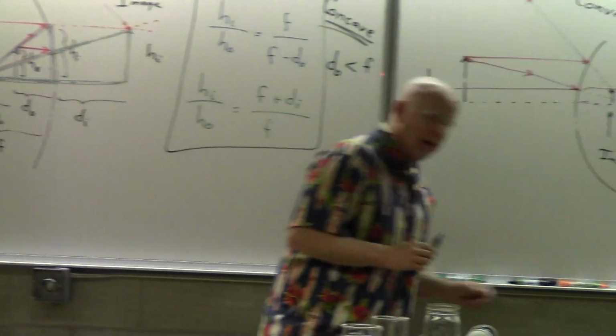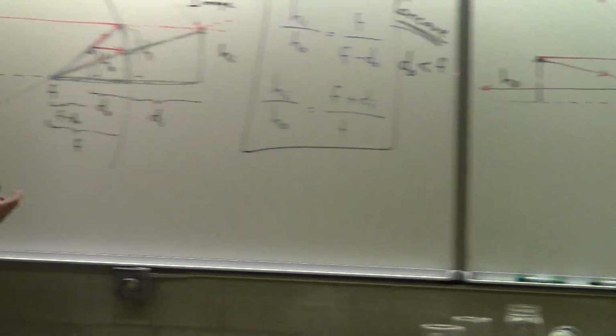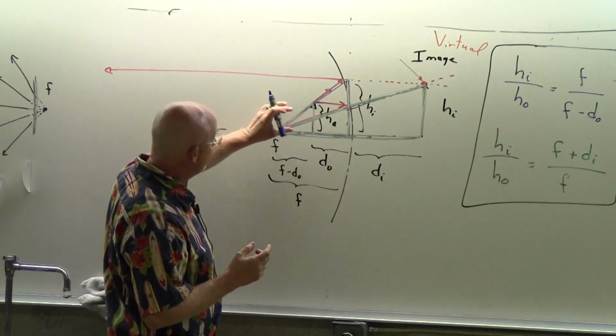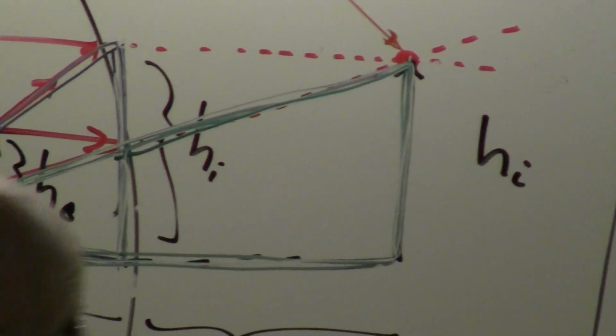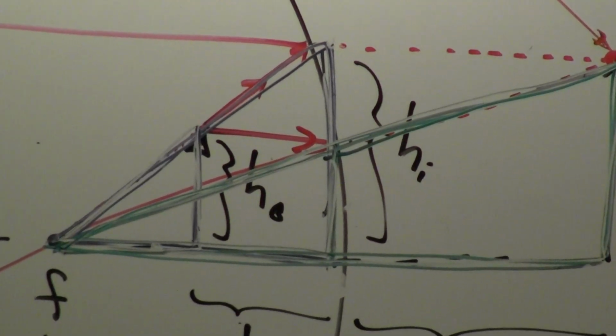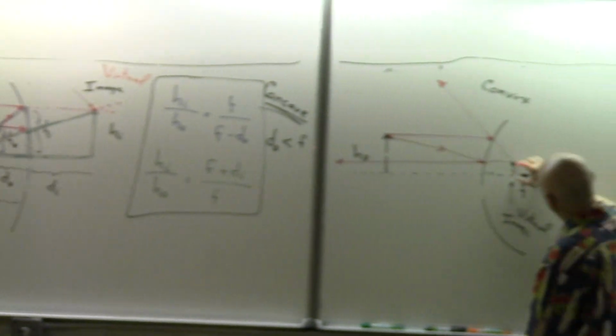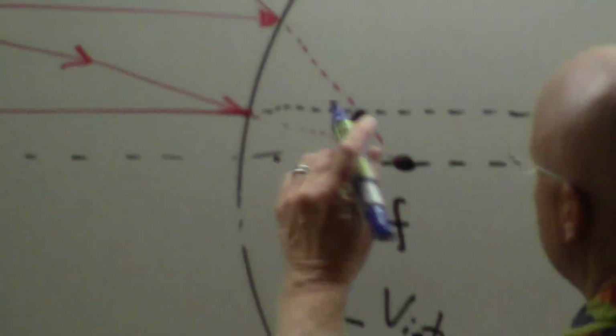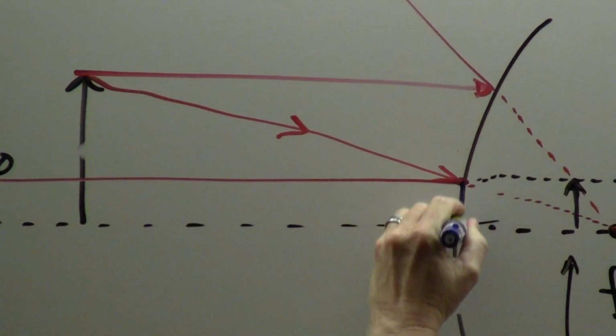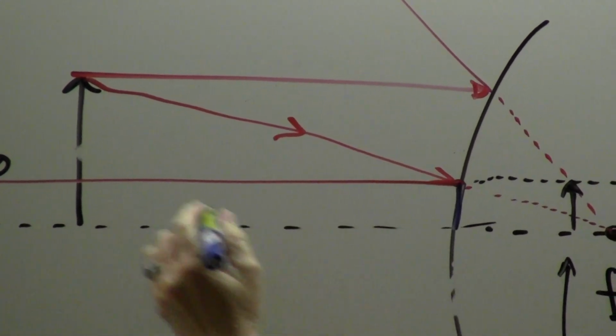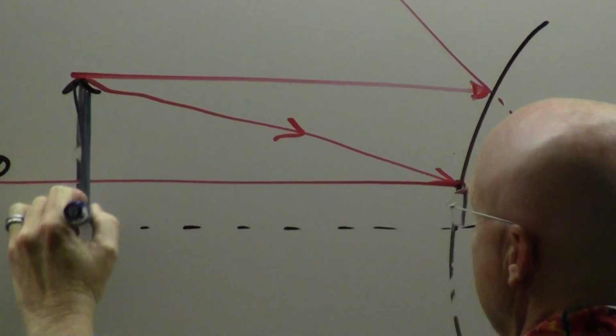And if you remember, the blue triangles I've been making have been ones that involved the object and the image projected into the mirror. All right, so here is the image. The height of the image would be right there, and the height of the object would actually be right there.